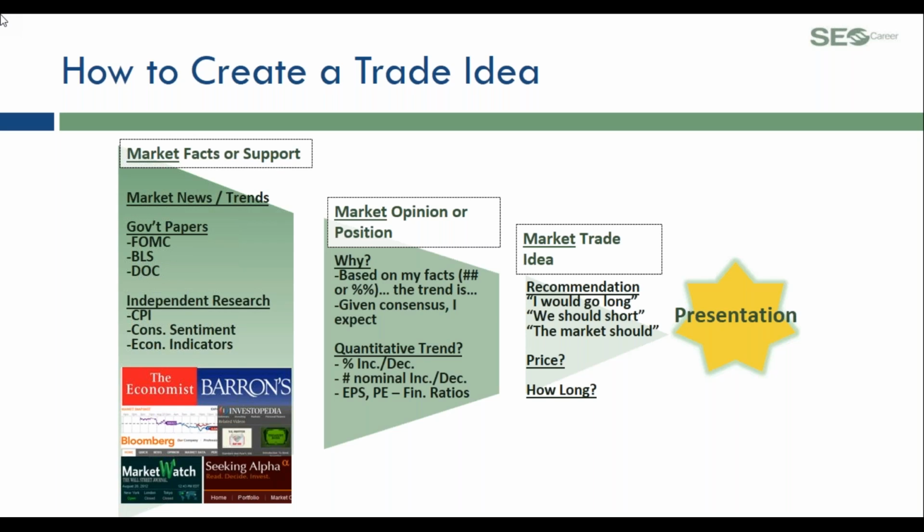That's what you're doing when you're giving a trade idea. You want to have a position, you want to support it, and you want to have an entry and an exit point and some kind of time frame. That's how to think about the trade idea in terms of what data to incorporate, how to talk about your opinion, and how to summarize it.